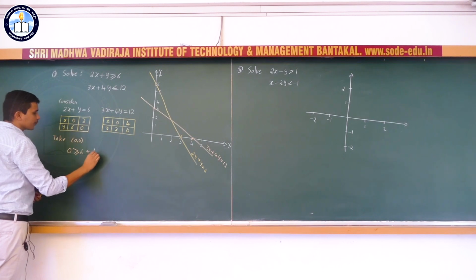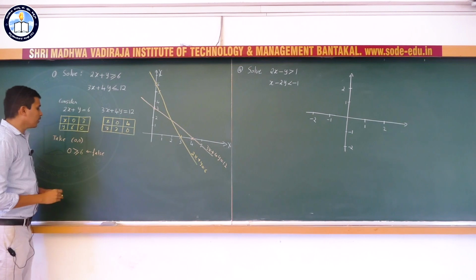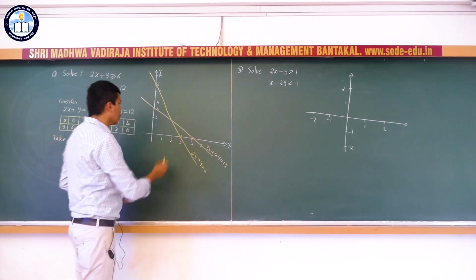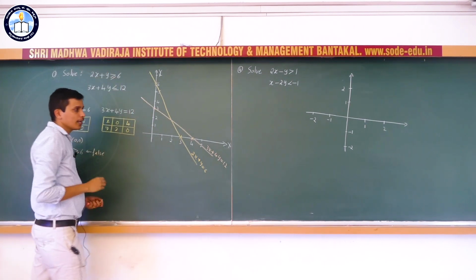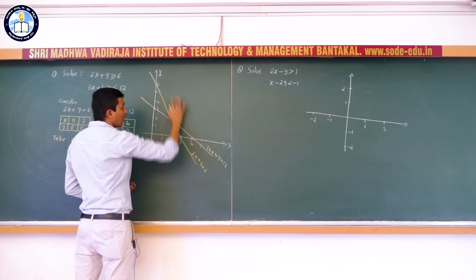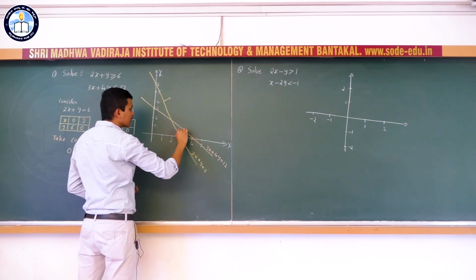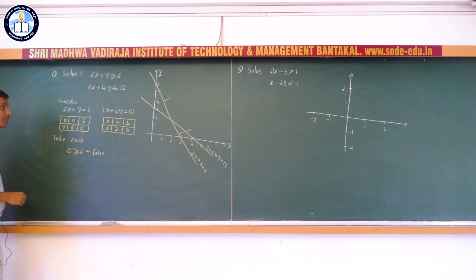It is false. So 0, 0 doesn't satisfy the first inequality. So for this line, away from the origin, this half plane becomes the required region. I'll just make some arrow marks here. This half plane becomes the required region for the first inequality.